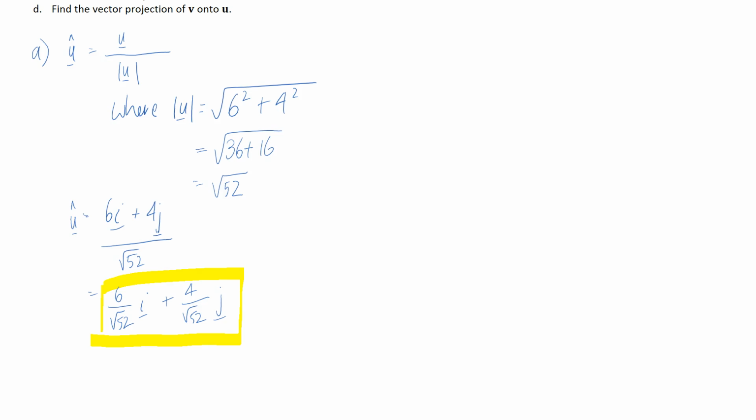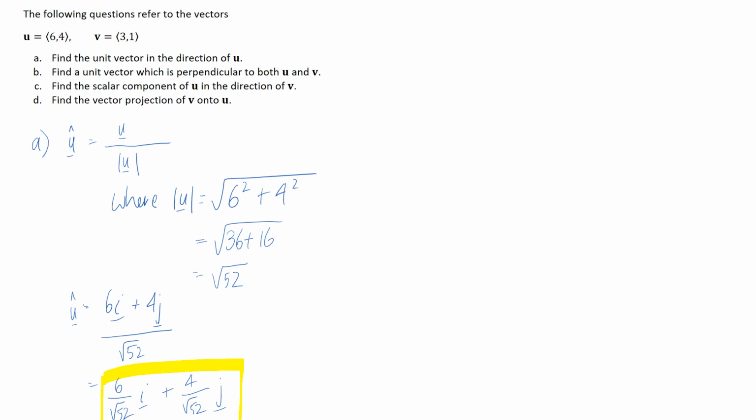Okay, so I'll scroll back up. I'm going to move on to B now, which is to find a unit vector which is perpendicular to both u and v. So I might do that over here. The first thing is that we need to find a vector, not necessarily a unit one, which is perpendicular to both of these ones.